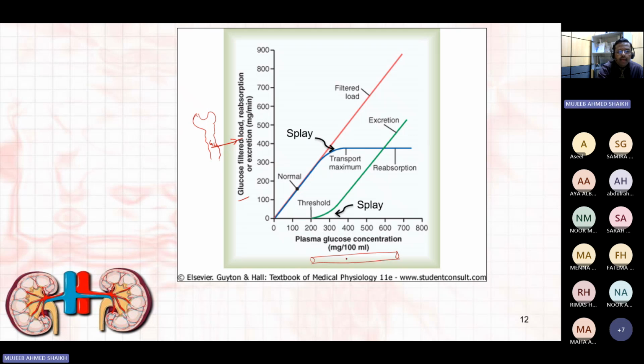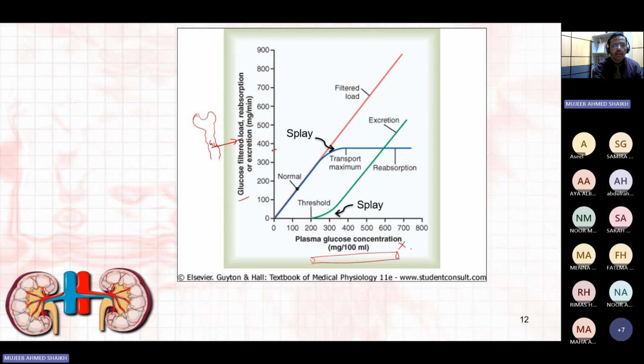on the x-axis. As I told you, what is the renal threshold after which it will appear in the urine? Not renal threshold, what is the tubular maximum? Yes, 375.